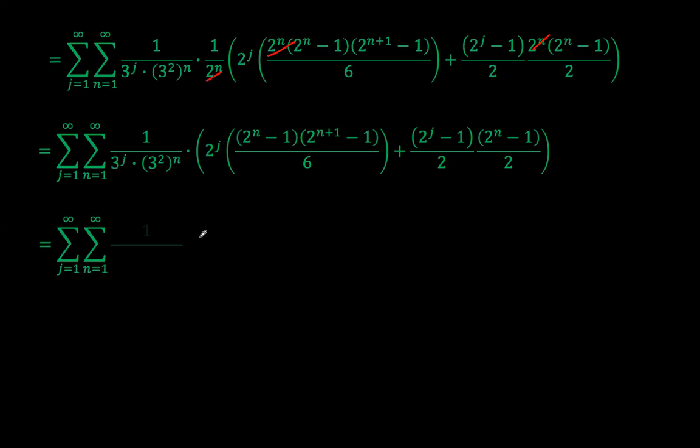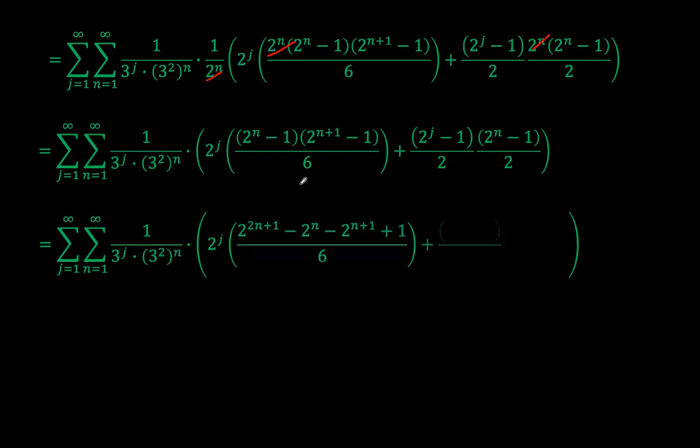So we can go ahead and multiply this out. So we have 2 to the power n times 2 to the power n plus 1 is 2 to the power 2n plus 1 minus 2 to the power n minus 2 to the power n plus 1, and then plus 1 over 6. And then this one remains, and then 2 times 2 is 4, and then we have 6 here.